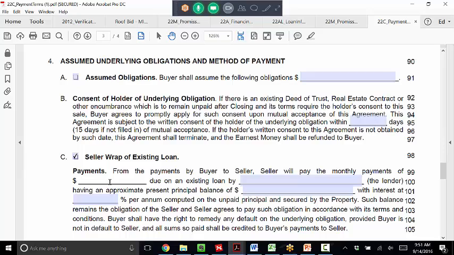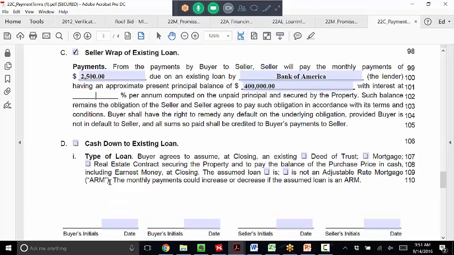Payment from buyer to seller. Seller will pay the monthly payments of $2,500 due on an existing loan by Bank of America, having an approximate present principal balance of, I'm making all this up, with interest at, right, per annum computed on the unpaid principal and security by the property.